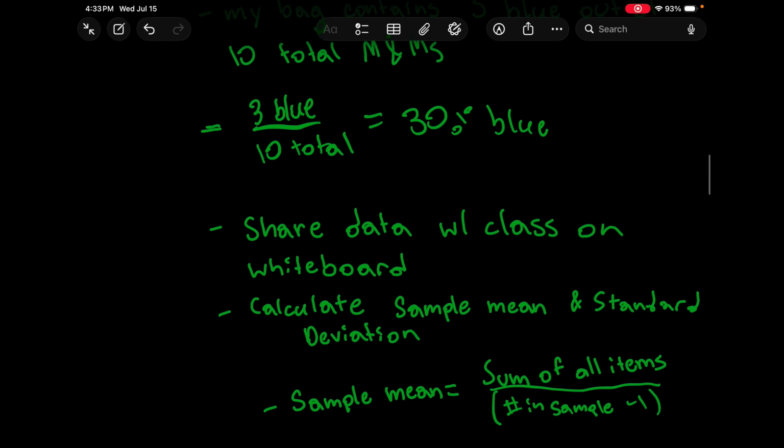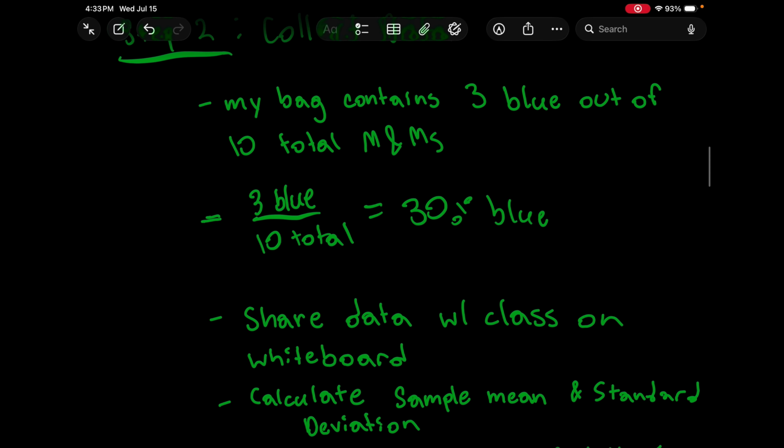So at this point, let's all share this data on our whiteboard. So there should be 36 observations of what percentage blue we observed. Okay, awesome. Now that we have all that data up on the board, can anyone remind me how we calculate sample mean?